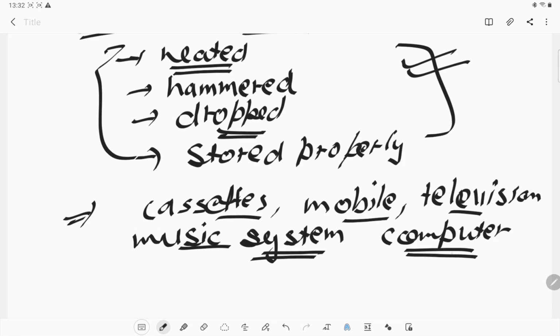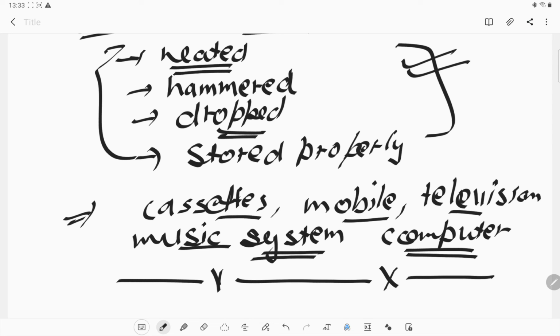So these are the cautions we need to follow to store the magnet so that the property of the magnet will not be lost.